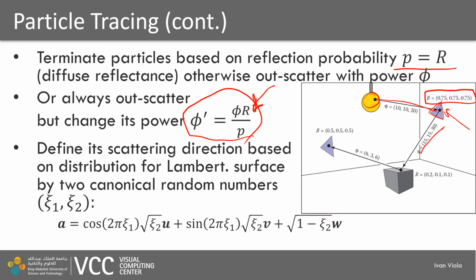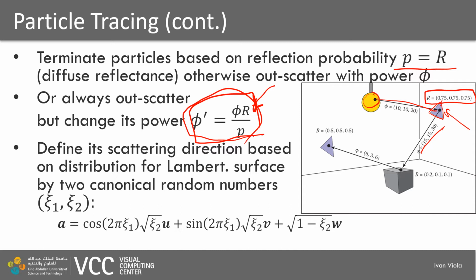So if we are outscattering, then, as I said, we will be using this formula for changing the power, and then still at each position of a bounce, we will evaluate whether we are outscattering further or whether we are terminating and absorbing this particle.